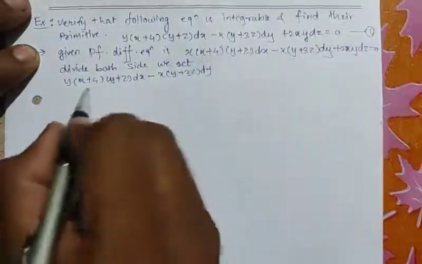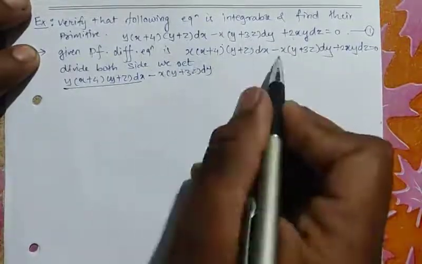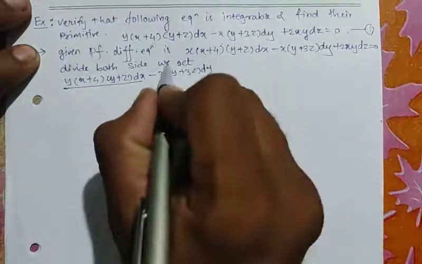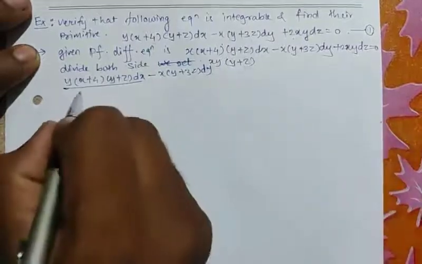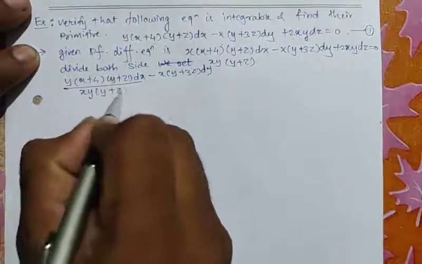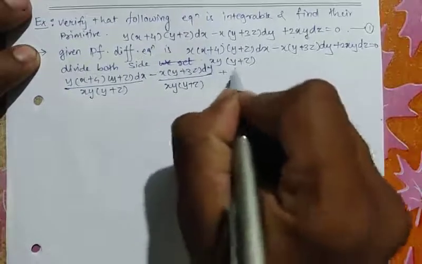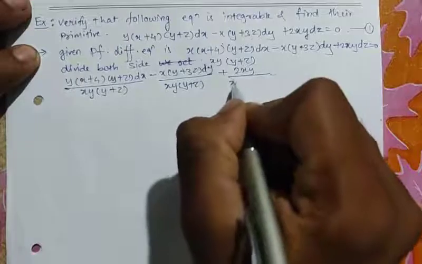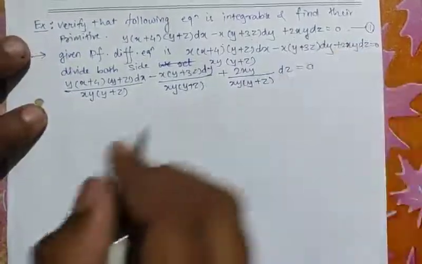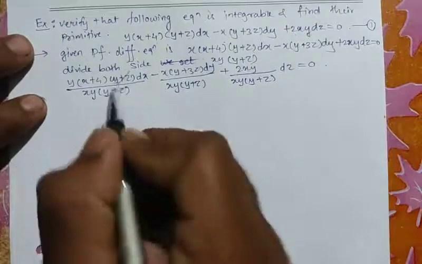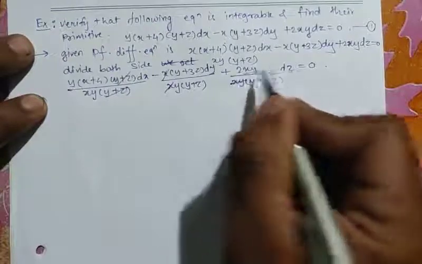So after dividing both sides by xy(y + z), here these two terms cancel, x gets cancelled, and the x·y terms get cancelled.